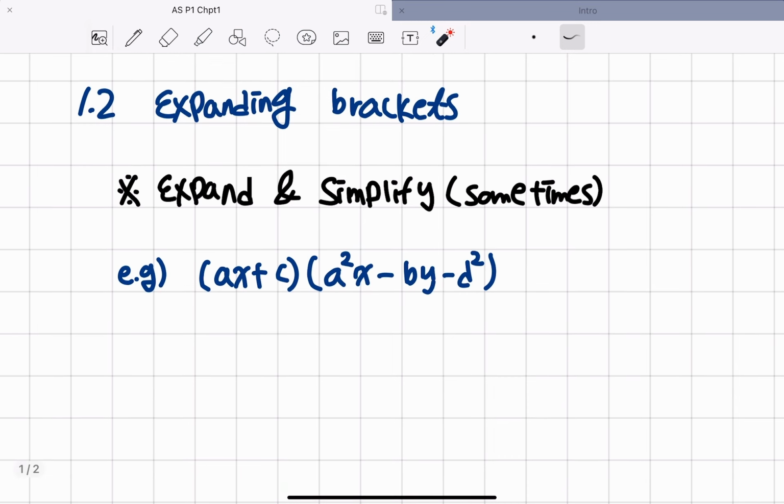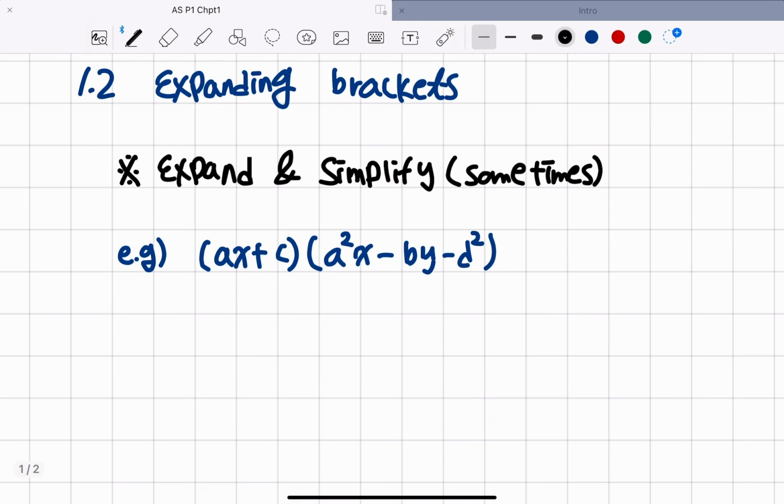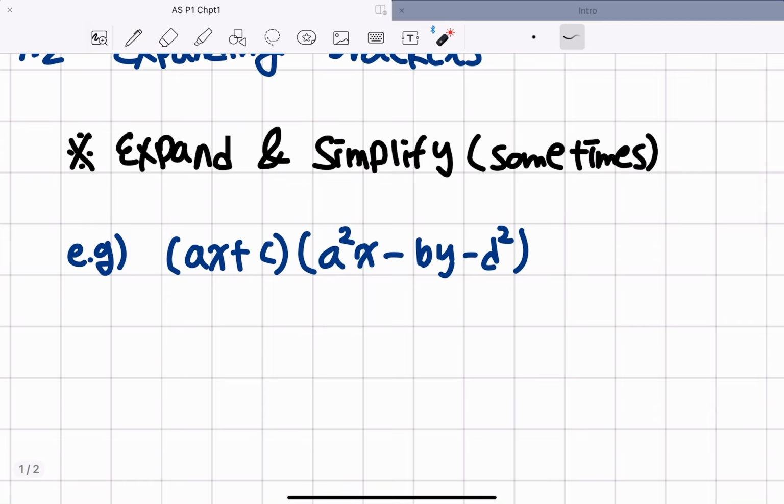And next one, expanding the brackets, which is 1.2. We expand, and sometimes we need to simplify, but this is just for when you prepare for the exam. The first example: how to expand (ax + c)(a²x − by − d²).